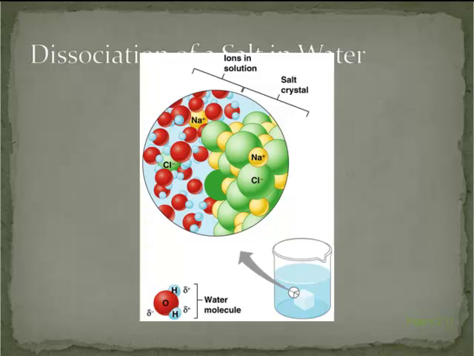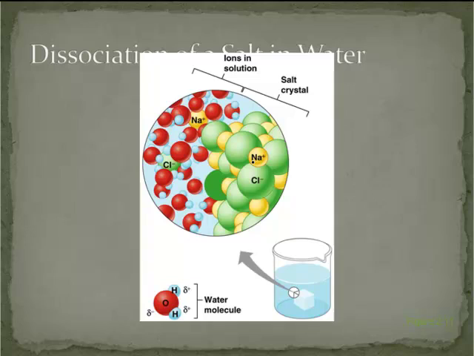So if we look in this picture here, we have a salt crystal here. So notice the sodium and the chlorine, chloride ion. And these red and bluish molecules here represent water. You can see down here below the water being represented. So when you put salt in water, we all know that the salt's going to dissolve.